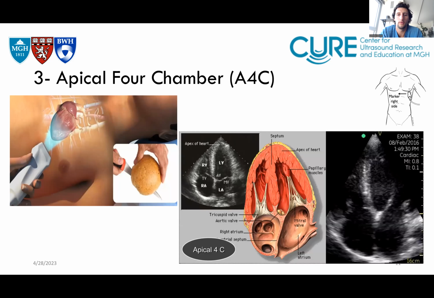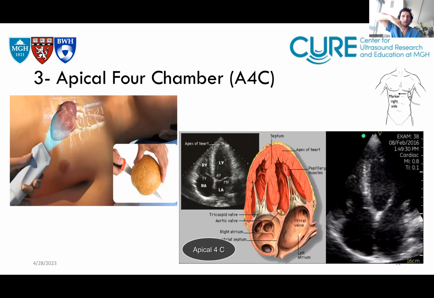In this view, your apical four chamber, this is really good to compare the sizes of your left ventricle and your right ventricle. This is the anatomy you're looking to get when you drag the probe down.